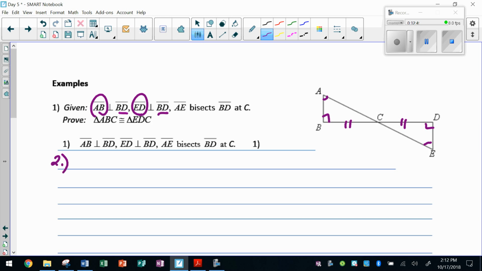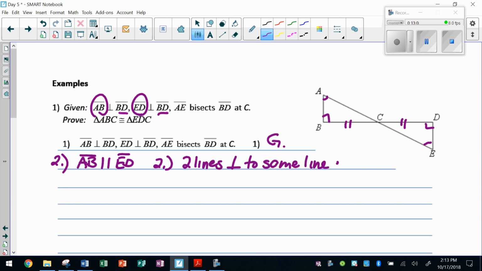So first thing I'm going to say is that AB is parallel to ED. And the reason is two lines perpendicular to the same line are parallel.